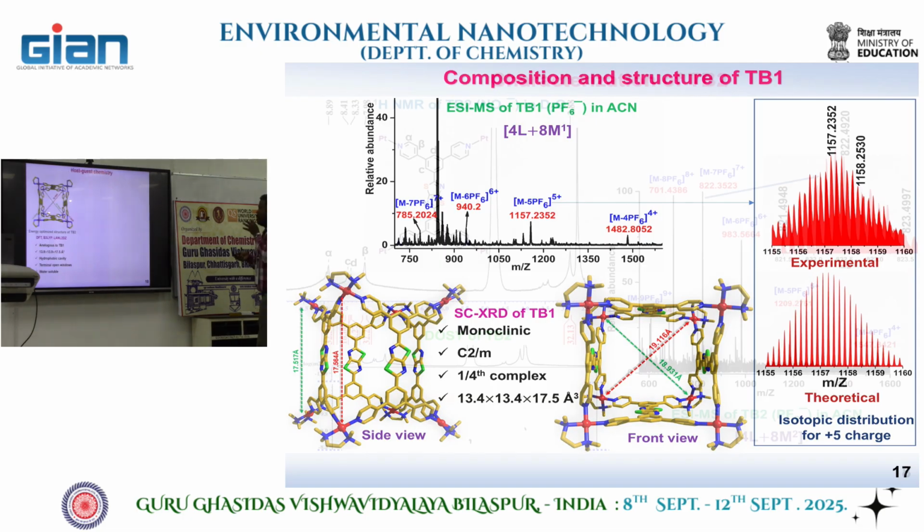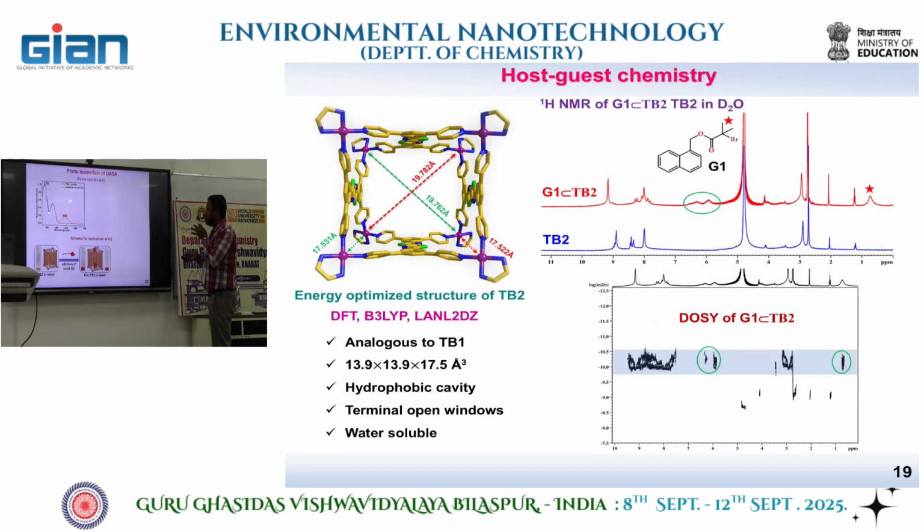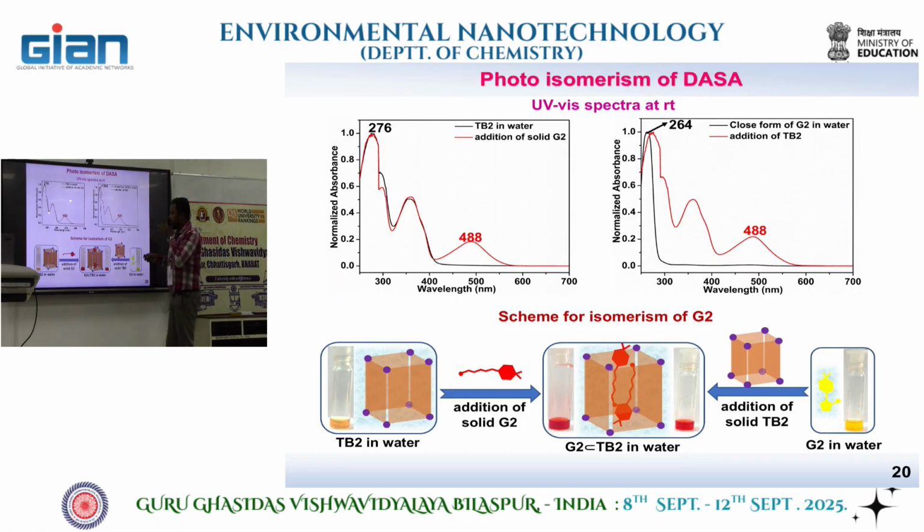So for that, we utilized this isomerism property. What I have shown is that the guest in water is yellow because of the zwitterionic form.